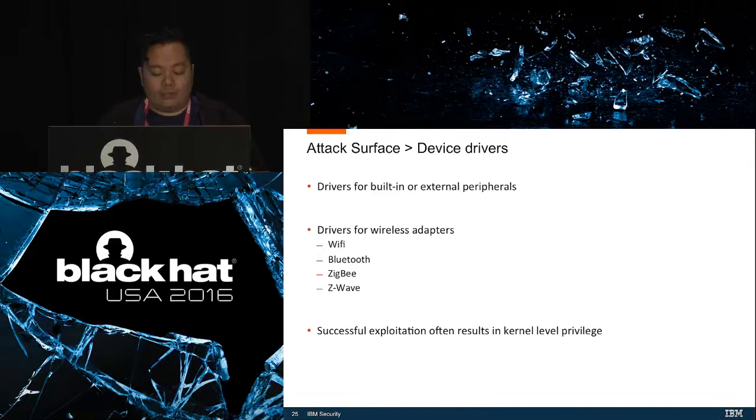So these device drivers may contain vulnerabilities that could give an attacker remote access to the device if successfully exploited. Drivers, for example, for wireless adapters such as Wi-Fi, Bluetooth, Z-Wave, and Zigbee are viable targets. One advantage of targeting drivers is that successfully exploiting them will often result in kernel-level privilege.